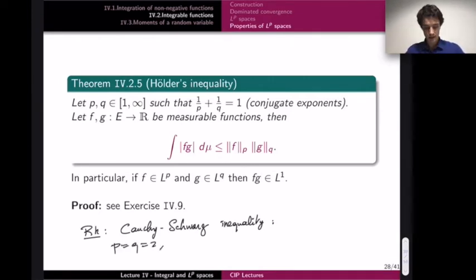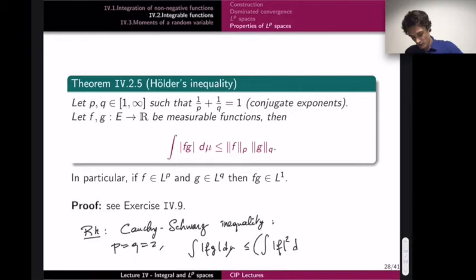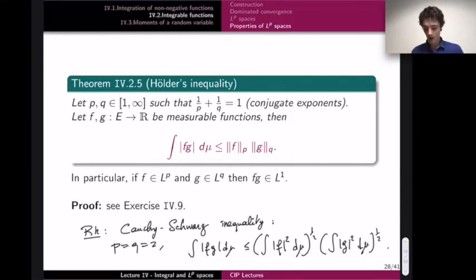It's a particular case of Hölder's inequality, and it tells you that the integral of fg d mu is less than the integral of f squared d mu to the 1/2 times the integral of g squared d mu to the 1/2. That's called the Cauchy-Schwarz inequality. We will see why, because in fact this is the L2 norm. It's very similar to the Cauchy-Schwarz inequality that you already know, but in a different vector space.